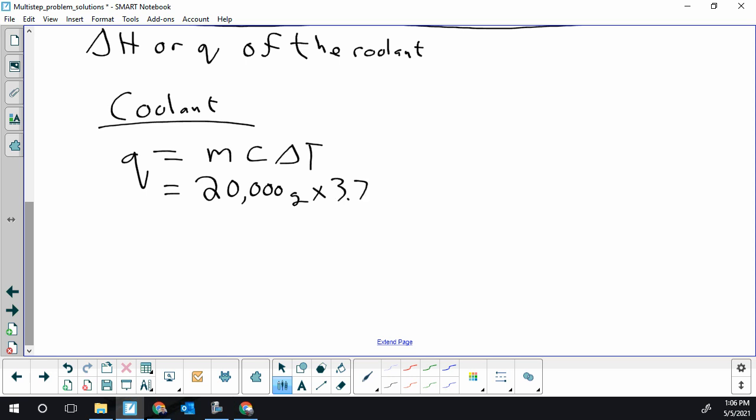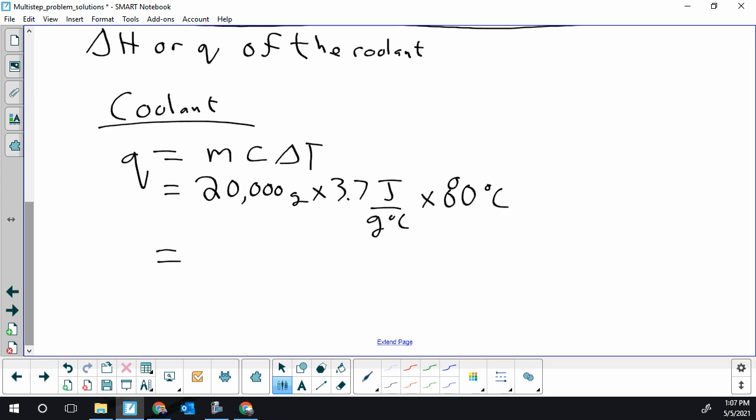Now, this is not a chemical given in your data booklet, so it is given in the question. A little less than water, 3.7 joules per gram per degree Celsius, and we need the temperature change of our coolant. So it started at minus 10 and went up to 70. So that is a difference of 80 degrees Celsius.